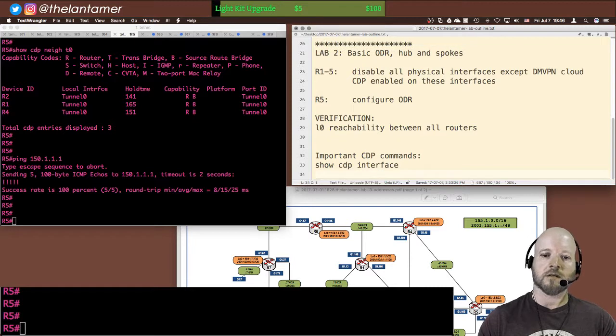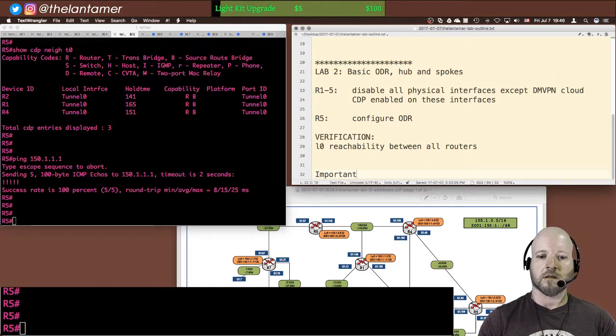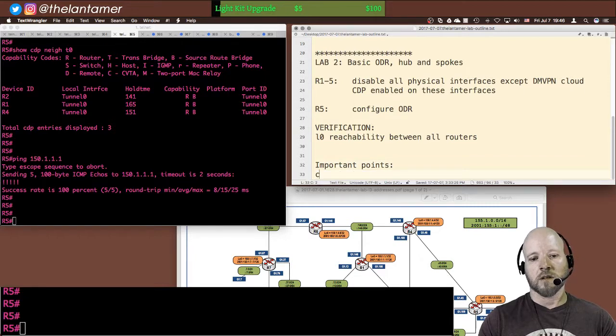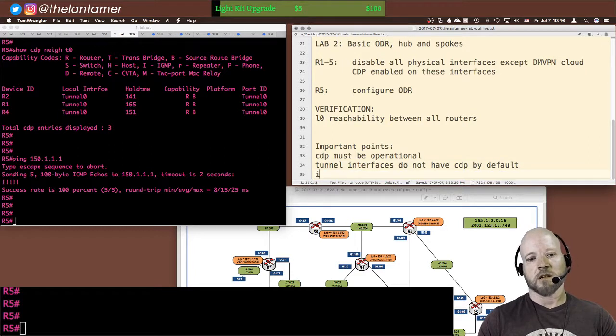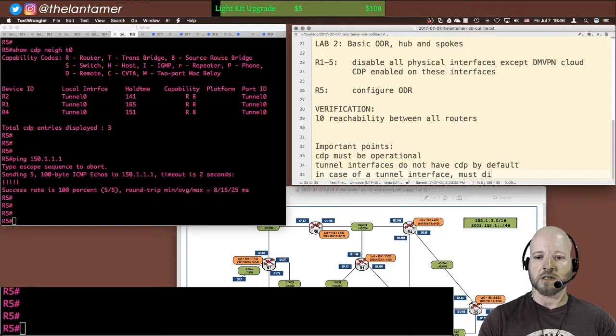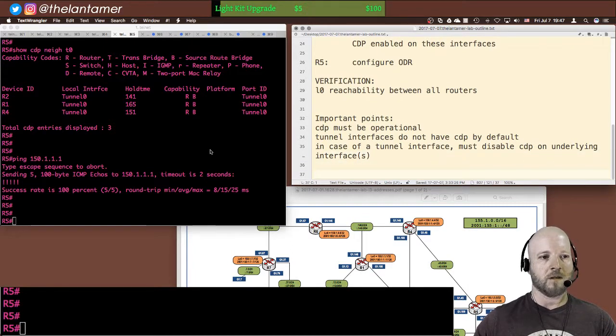Okay. CDP must be operational. Tunnel interfaces do not have CDP by default. In case of a tunnel interface, must disable CDP on underlying interfaces. Good deal.